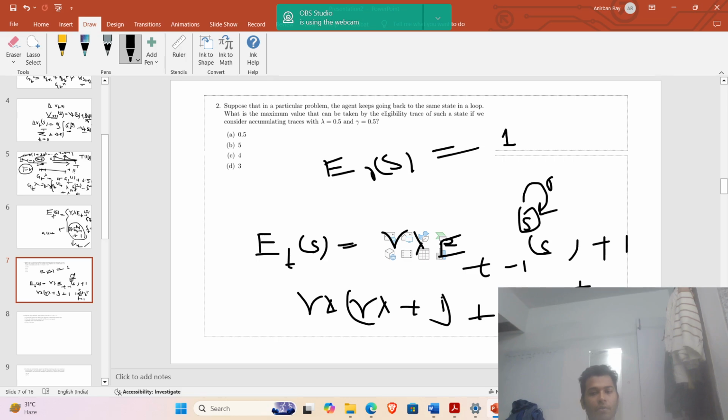Now you want to maximize this one. So what happens is that we will take the partial derivative here, gamma to the power t minus 1, first with respect to gamma, equated to 0, summation over t equals 1 to say capital T here, so confusion will not be there.